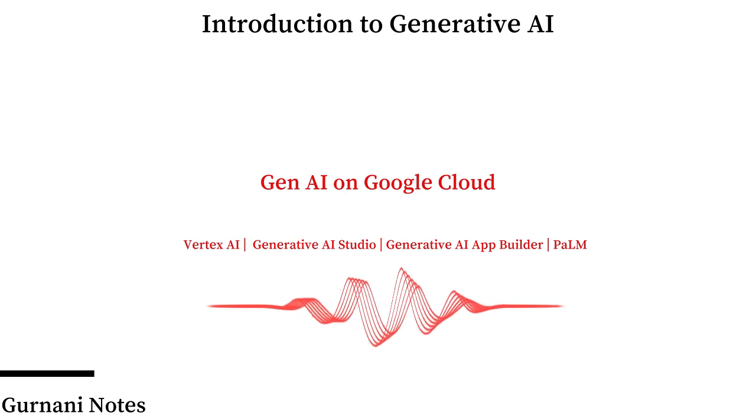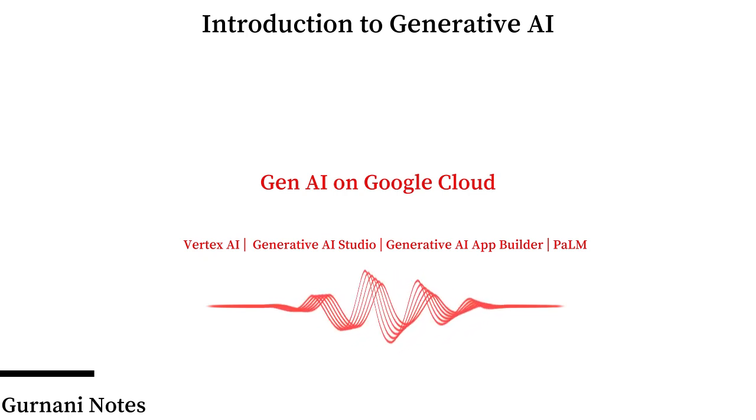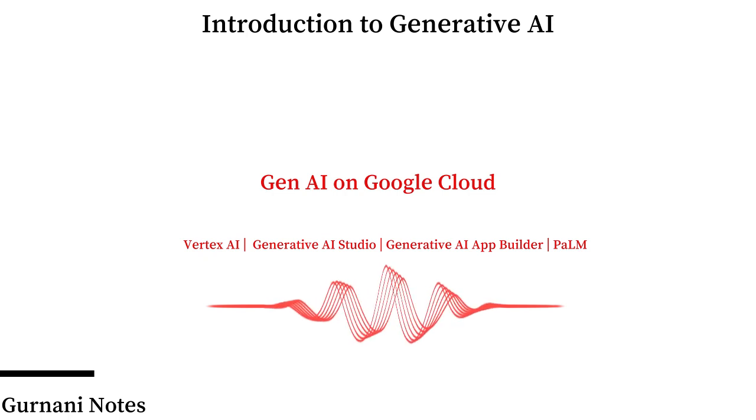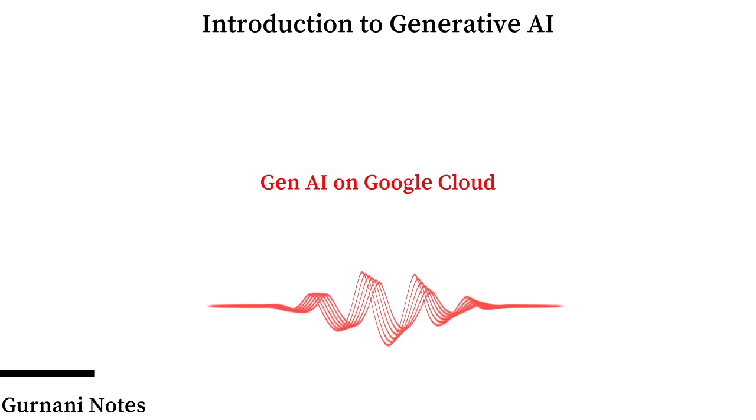But for now, just keep in mind Vertex AI, generative AI Studio, and generative AI App Builder as the efforts taken by Google to help simplify your work in the generative AI space. You could also access powerful pre-trained models like PaLM and create your own generative AI solutions on Google.